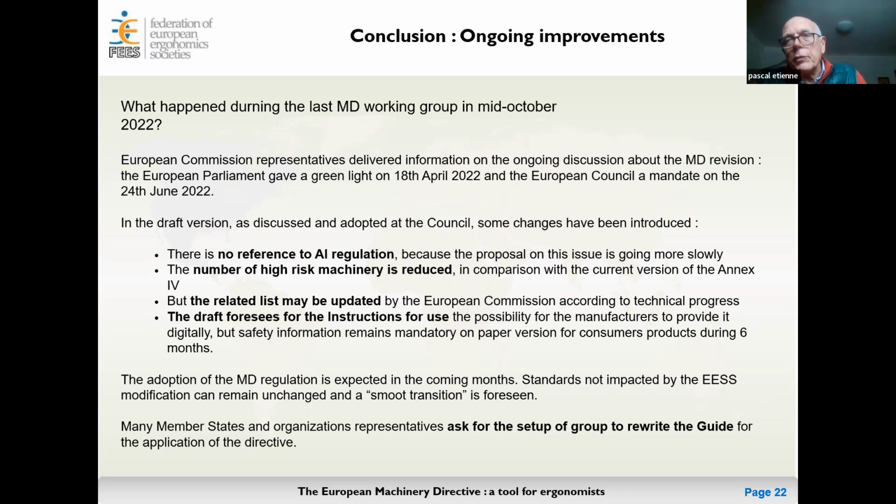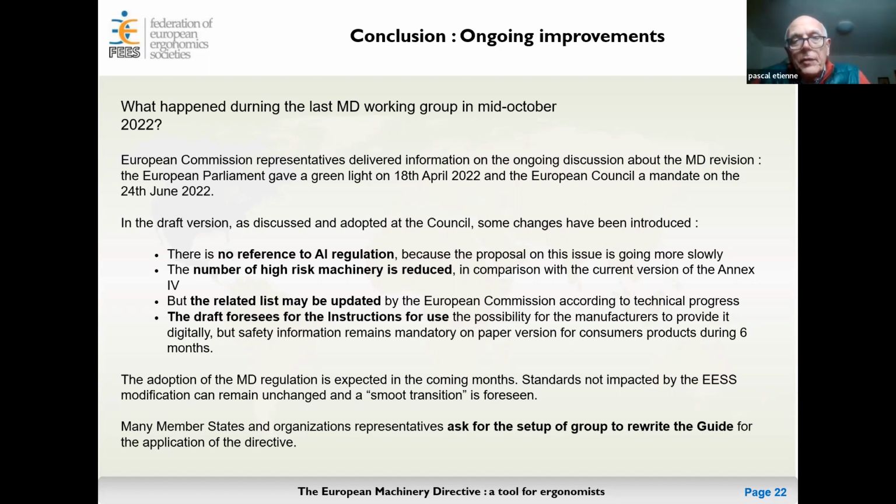Maybe for safety reasons, paper information is necessary because it is not easy to make the difference between normal information and safety information. And also the notion of consumer products can be difficult to identify because a lot of machines can migrate from industry to particular user and also for location, etc. So the debate is not closed, I think, on this issue.